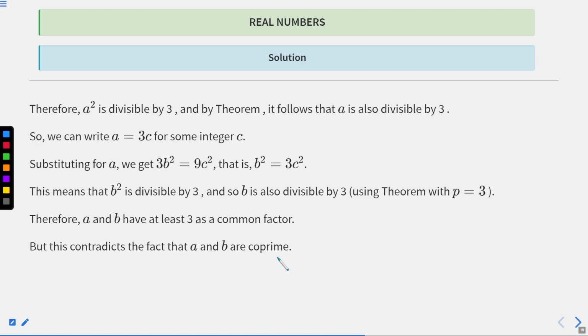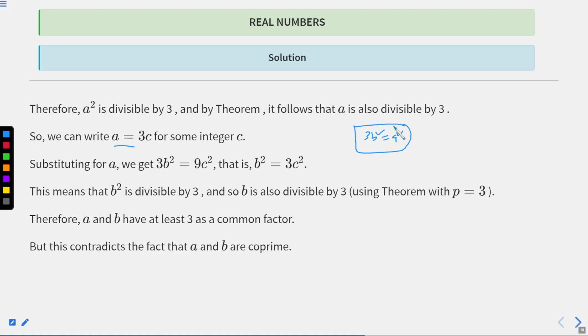Now substituting A equal to 3C in the equation 3B square is equal to A square, we get 3B square equal to 9C square. If we simplify this, we get B square is equal to 3C square.